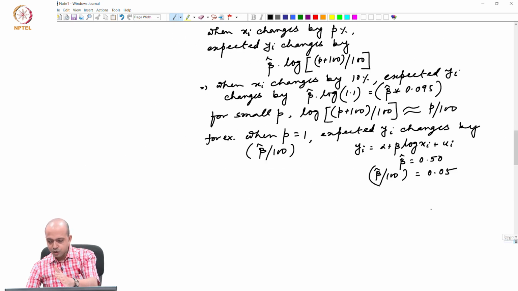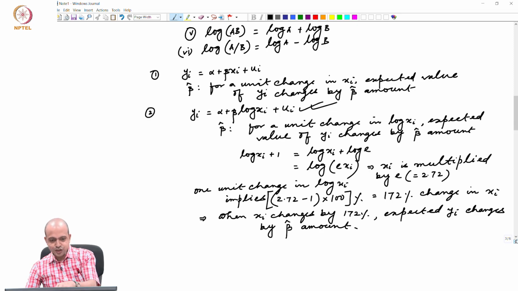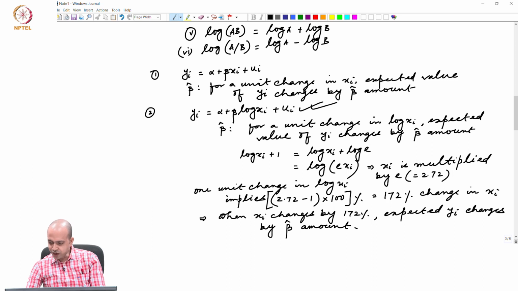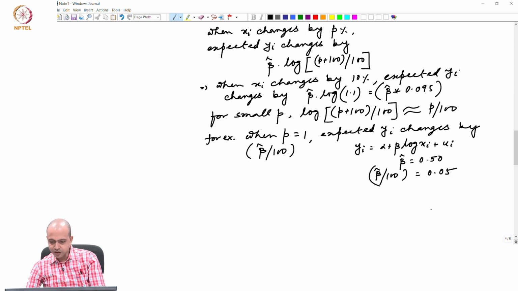When your x is log transformed, y is not, then you divide beta hat by 100, and that is what we did. So, for 1% change in your x, expected value of y changes by this much unit.